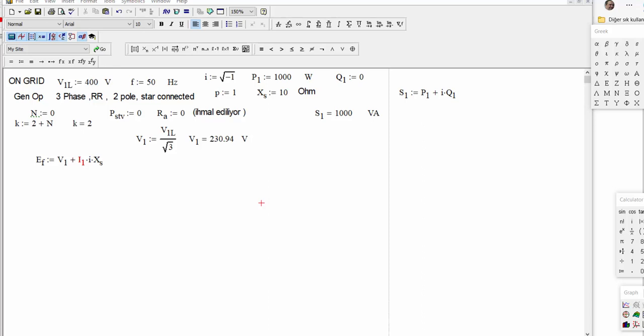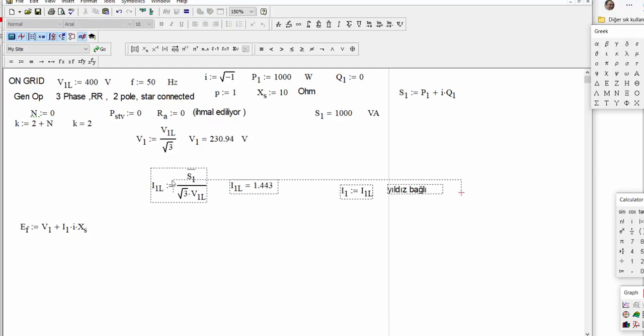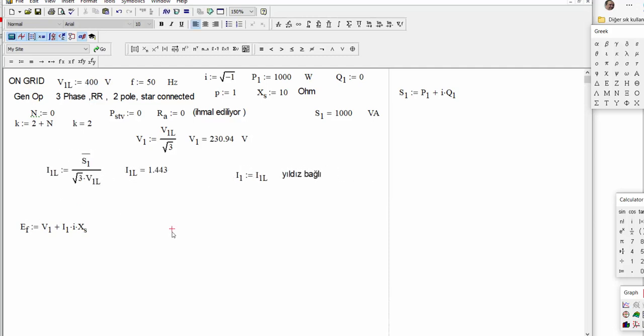I copy some parameters from here on my next page for easiness. Apparent power was this over square root 3 and line to line voltage.